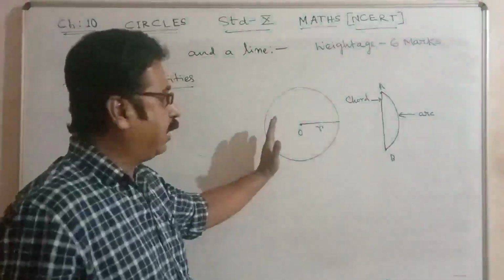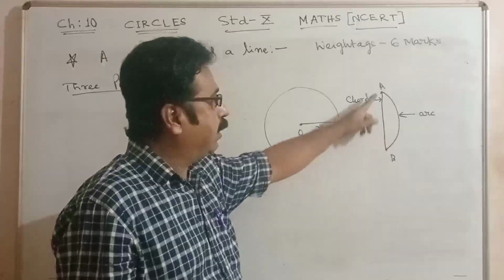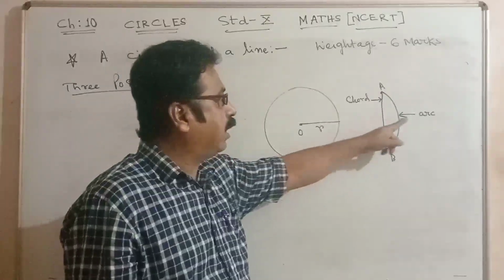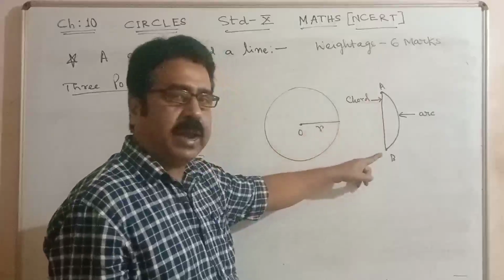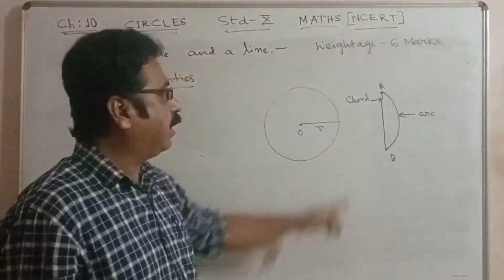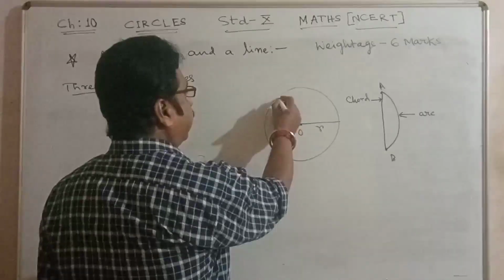From this circle we have taken one part of this circle. Then AB, this curve, is called as the arc of the circle, and AB, this line segment, is called as the chord of the circle. Suppose AB we have taken like this.